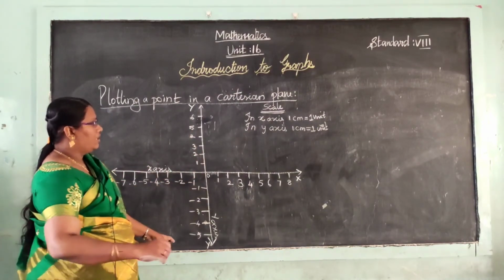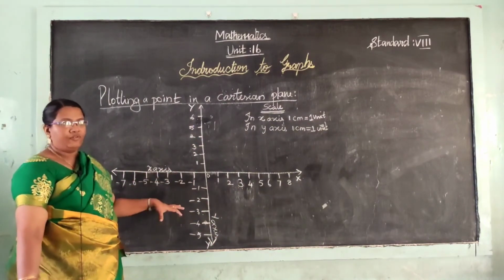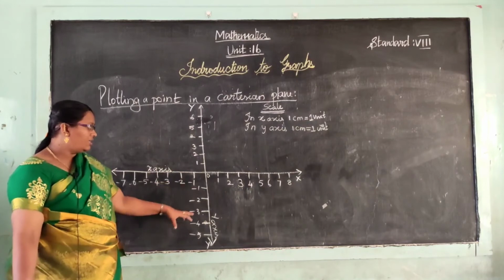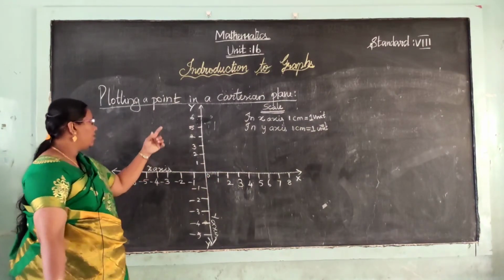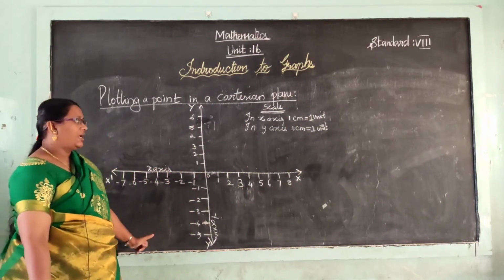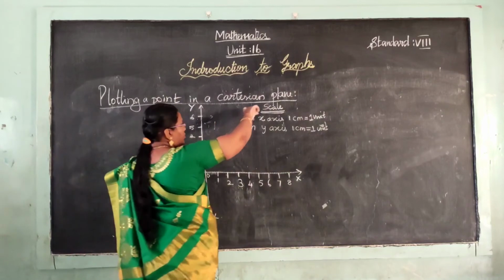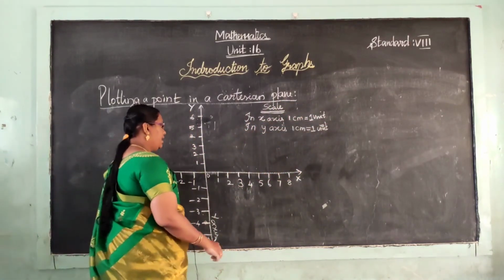Next, these you have to write in each and every graph. What do we have to write? The origin, the number lines, x dash, x, y dash, y, the x-axis and y-axis, and you should also write the scale.